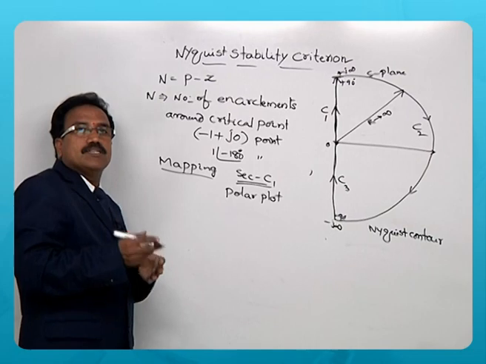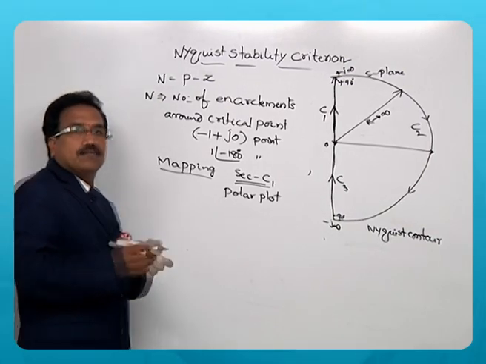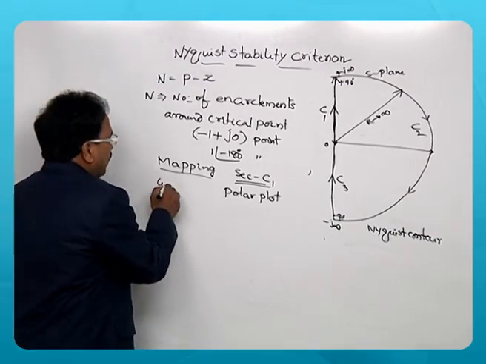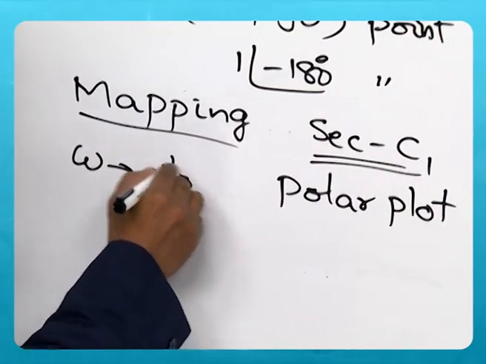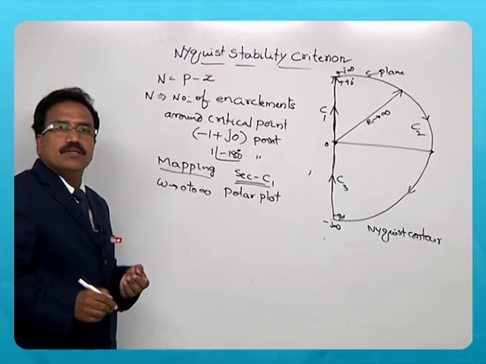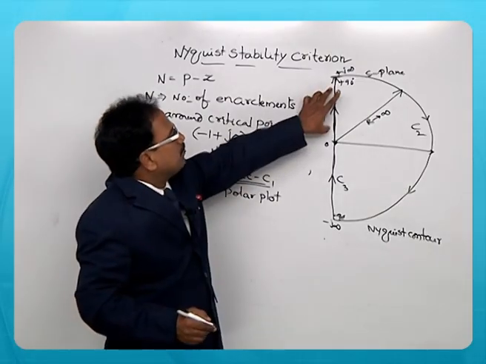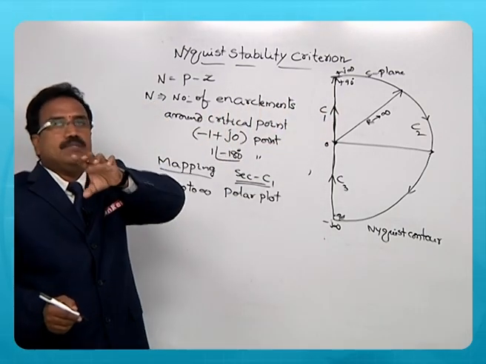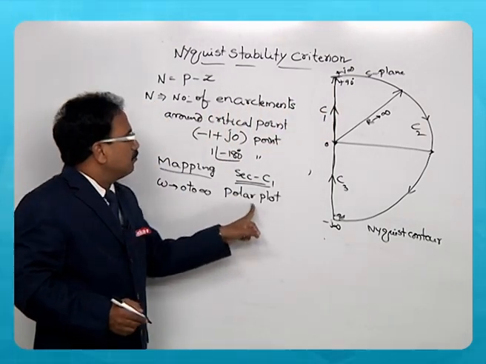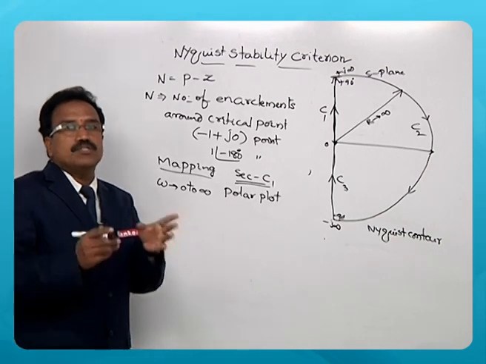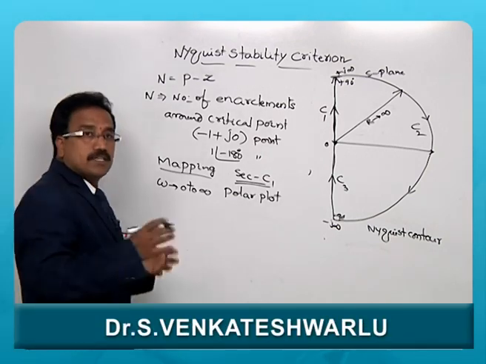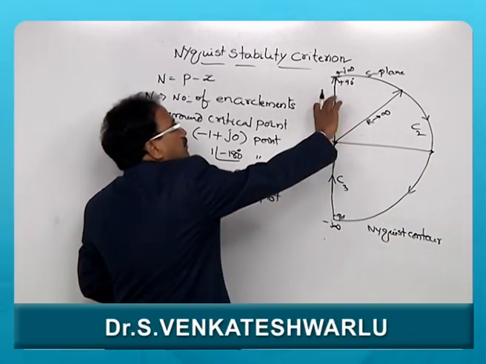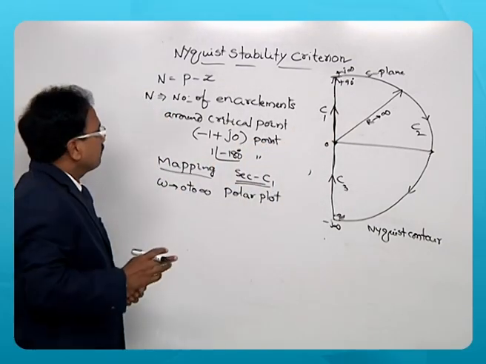A polar plot is a frequency response plot, where omega is varied from 0 to infinity. So C1 section mapping into the G of S into H of S plane is nothing but the polar plot. Once you draw the polar plot, it is understood that the mapping of the C1 section is done.